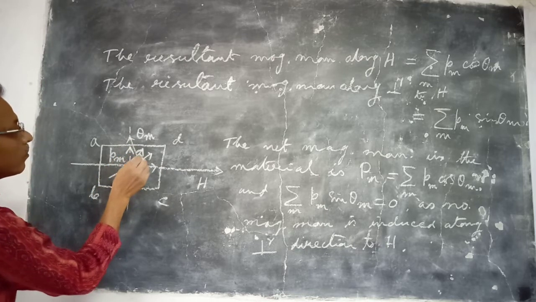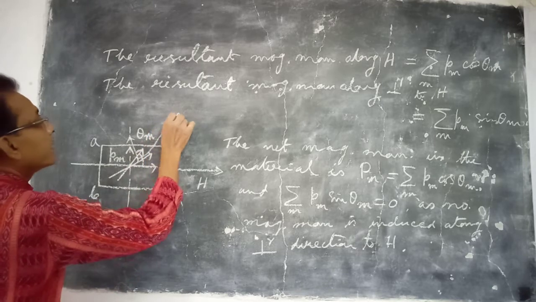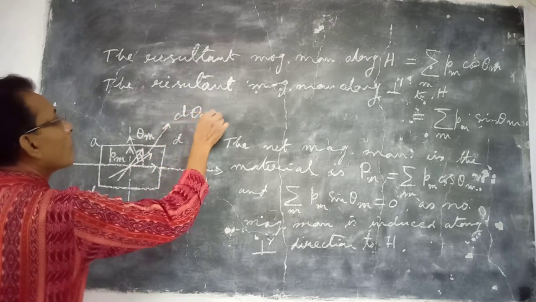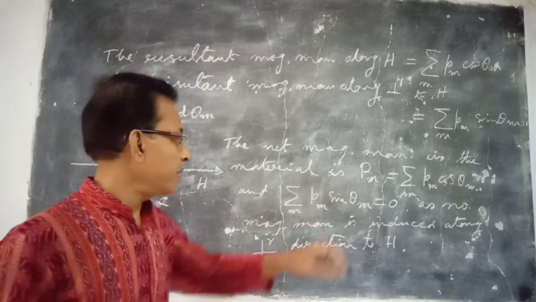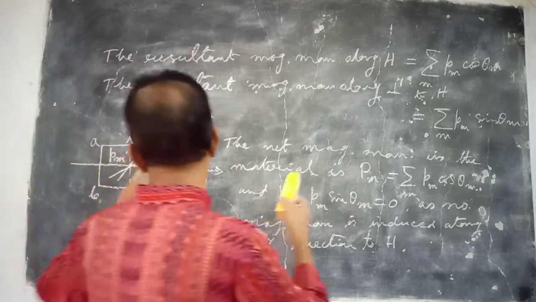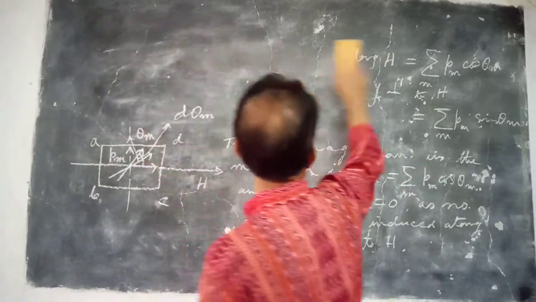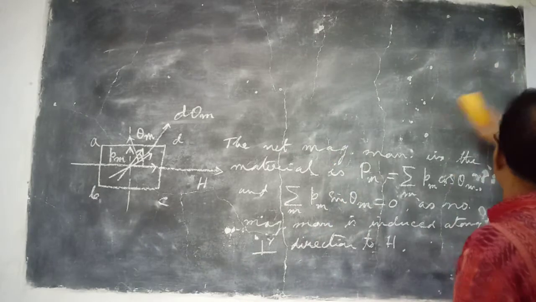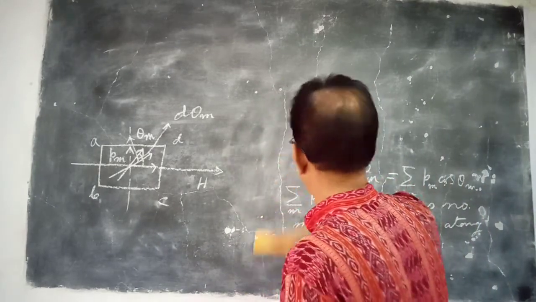The angle is decreased by d theta m. Suppose an infinitesimal increment in Pm is there due to the decrement in the angle by d theta m, a small increment in the intensity of magnetization.